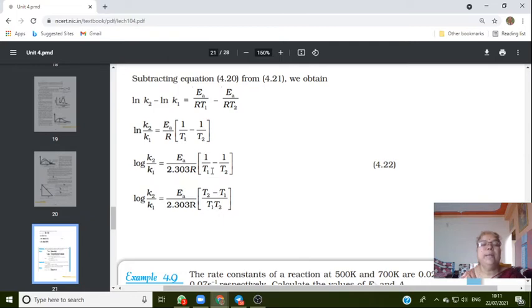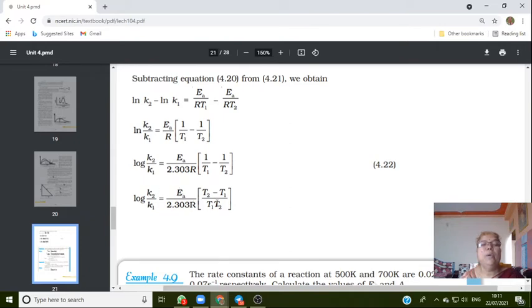Simplification of the bracket 1 by T1 minus 1 by T2 gives T2 minus T1 by T1 into T2. By using this equation we can find the energy of activation knowing K2 and K1 at temperatures T1 and T2.